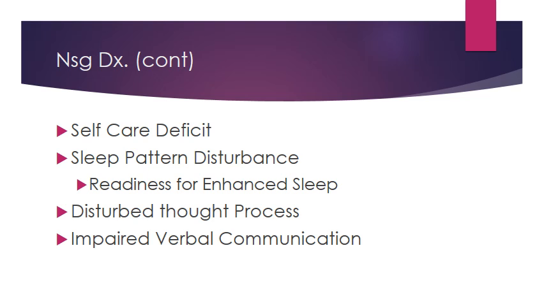The slide gives us some more nursing diagnoses. Why is it a person with delirium or dementia has a diagnosis of self-care deficit? Well, with delirium, we know that it's very difficult for them to organize the information in their head and also to carry out those tasks or that information that is in their head.